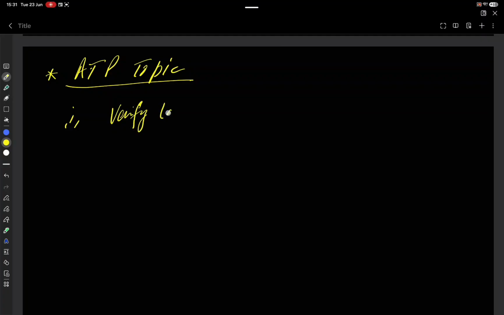From the ATP point of view, we just have to write the experiments they ask in the examination from this reflection topic. Number 1: verify the laws of reflection by ray or pin method.